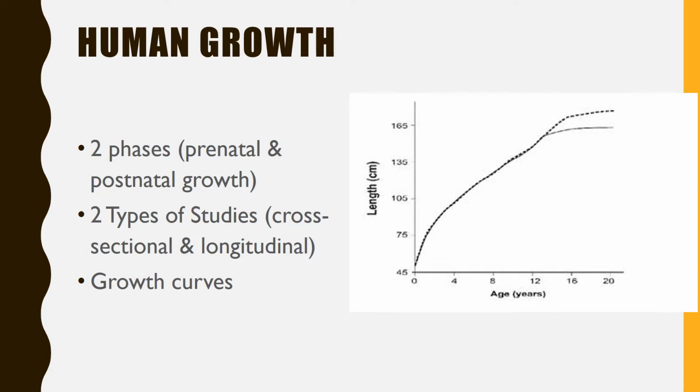So this is an ideal representation of growth. However, these studies take a great deal of time, and it always poses issues in terms of keeping the original subjects in the research, because you'll have subjects that will move away or they won't want to be a part of a long-term project anymore.